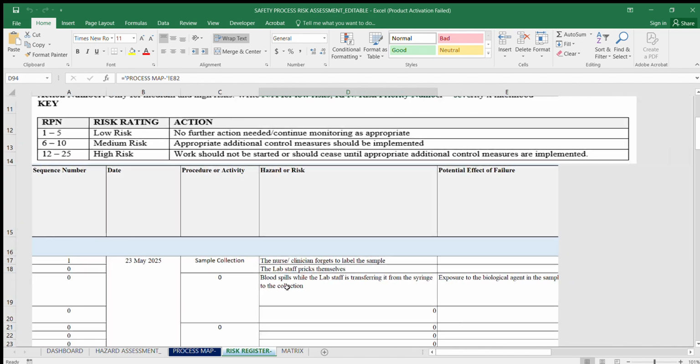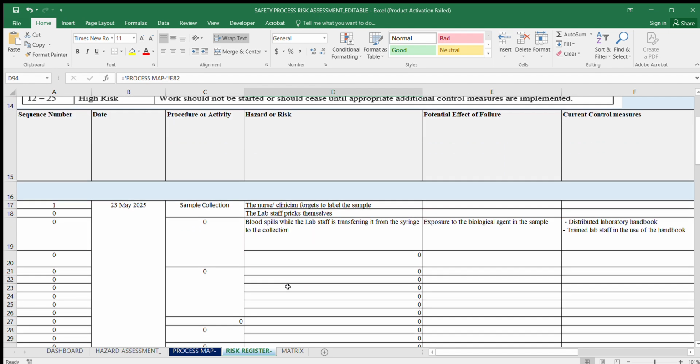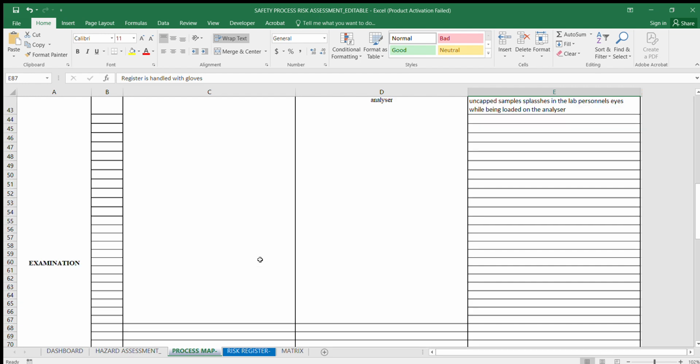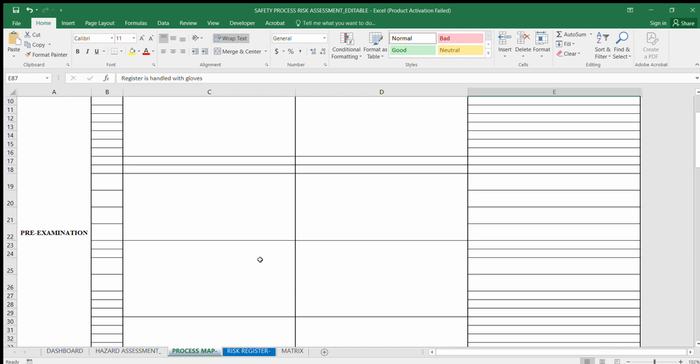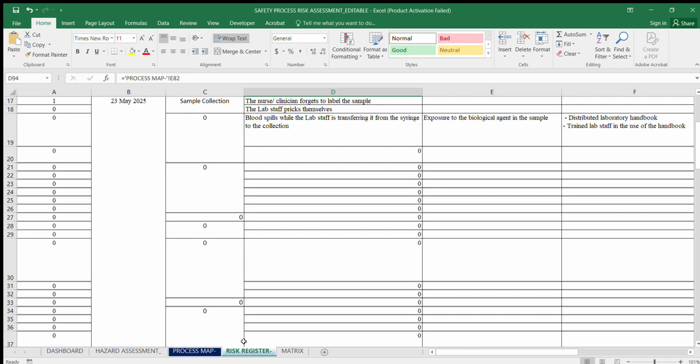It's the biggest sheet of all the sheets in this workbook, and it has a lot of columns as compared to the other parts. Like I mentioned, everything that you indicate in the process map will automatically come to the risk register.